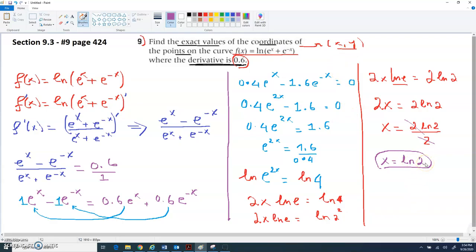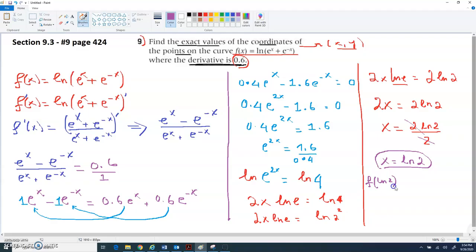So how do you find the y? Well, now if I want to find the y, I'm going to substitute the natural log of 2 into the x to find f of x, which is the y value. So down here, I'm going to find f at natural log of 2.